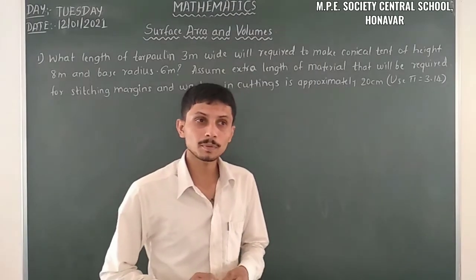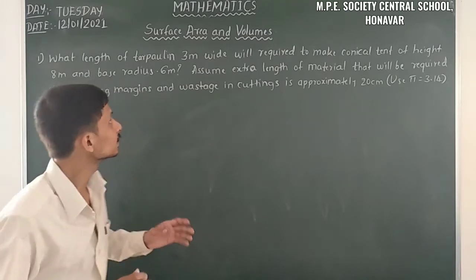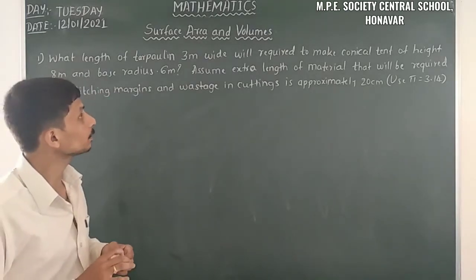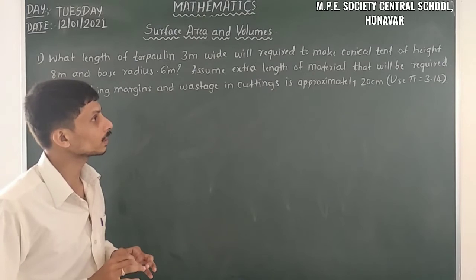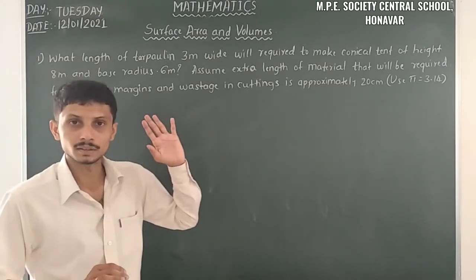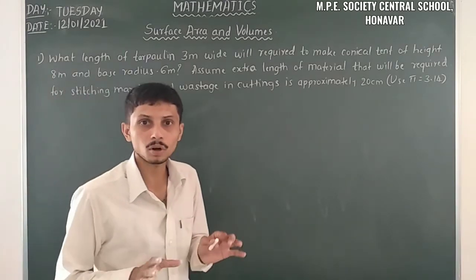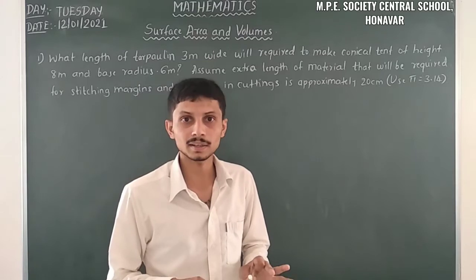Let us take the first problem of this video. What length of tarpaulin 3 meter wide will be required to make a conical tent of height 8 meter and base radius 6 meter? Tarpaulin is commonly in the form of a rectangle.